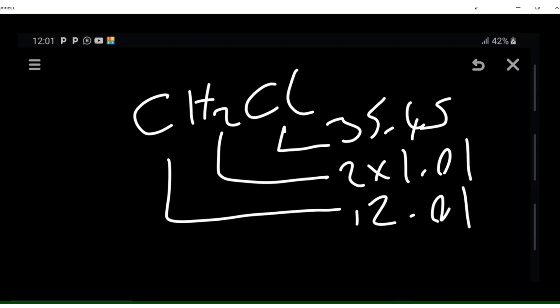So you multiply first: this one multiplied by 1, this one multiplied by 1, and this one 2 multiplied by that.